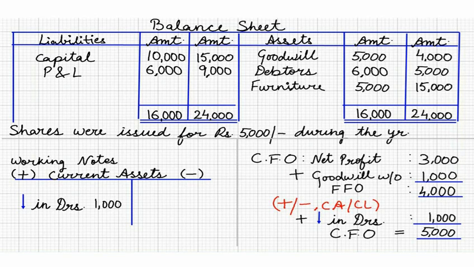This is called cash from operation. In the last episodes, when I start doing the proper question, I will tell you how to present this cash from operation in a more professional manner. At this moment, I am trying to make the concepts clear, so I am not writing all the figures in a perfect way. Anyhow, we have got the cash from operation rupees 5,000.